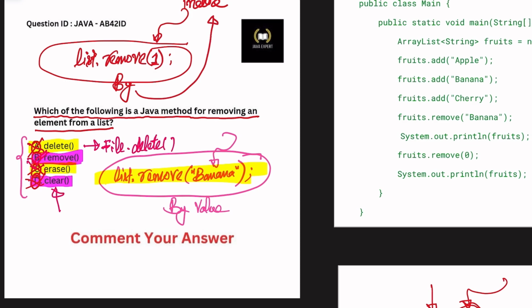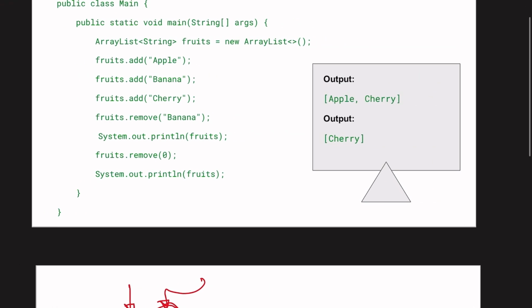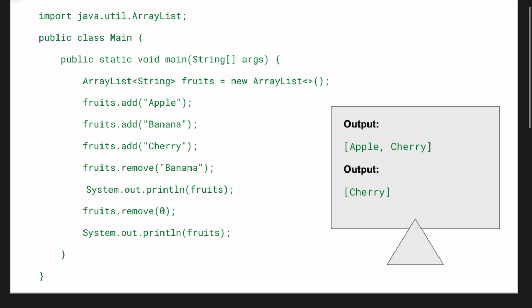Okay, let me take one more code example so that it would be easy for you. Whenever you come across this type of question in future, you will be able to easily solve it by seeing the question if it is a code and by reading the question properly. Okay, this is another example. Here we have a public class main.